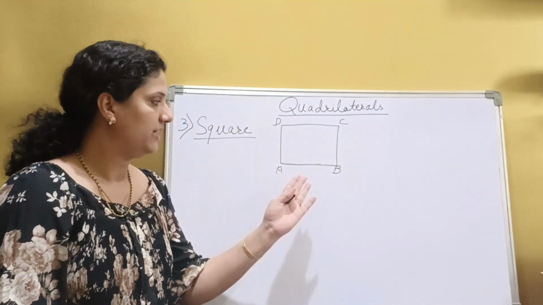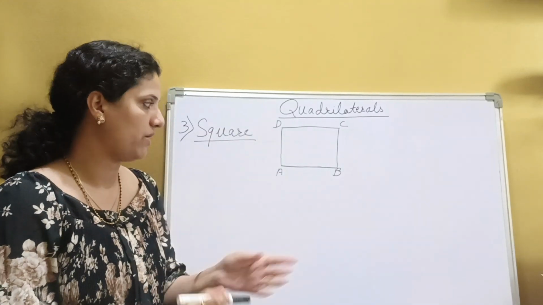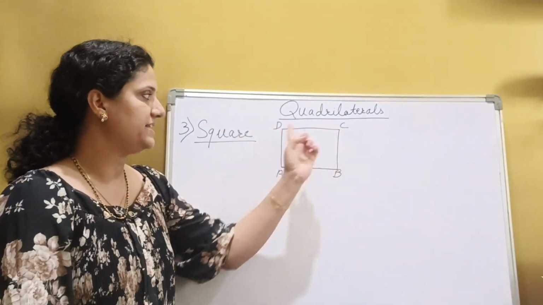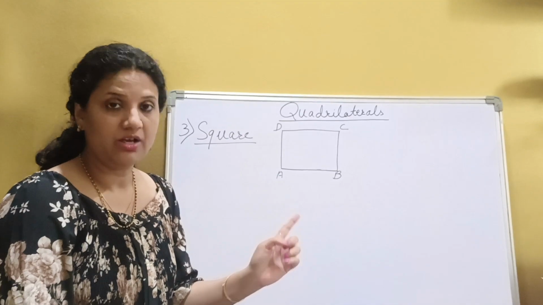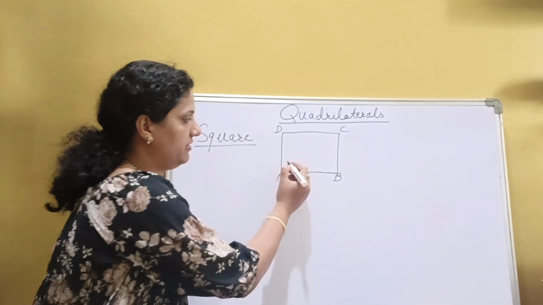This is a square. The properties of a square are that all the four sides of this quadrilateral should be equal and making the angle of 90 degrees.